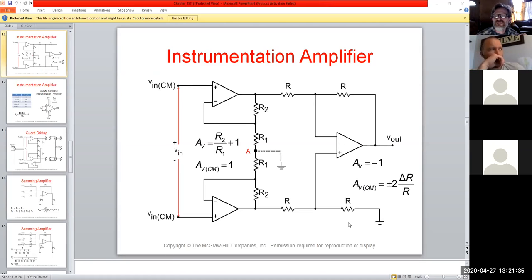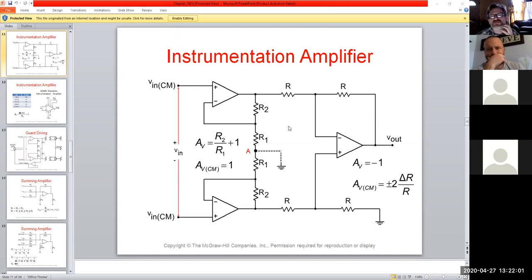The formula for the overall circuit is this one here. This one here is your common mode gain, this one here is the gain for this, and this one here would be for the output. So really, that's it. There are all your formulas for it.